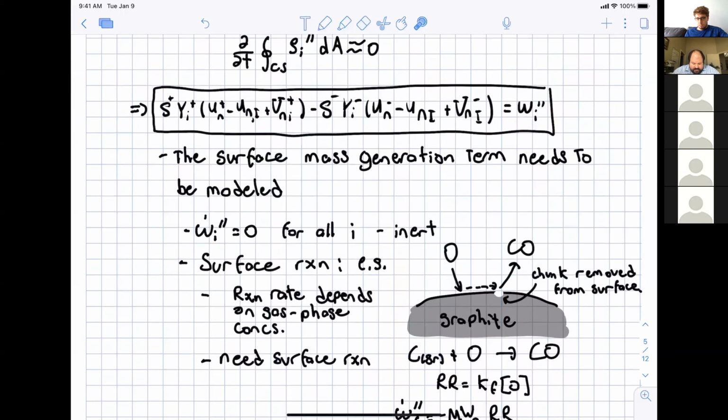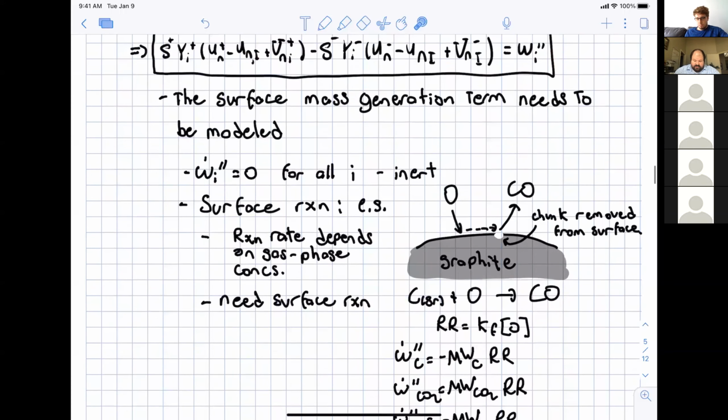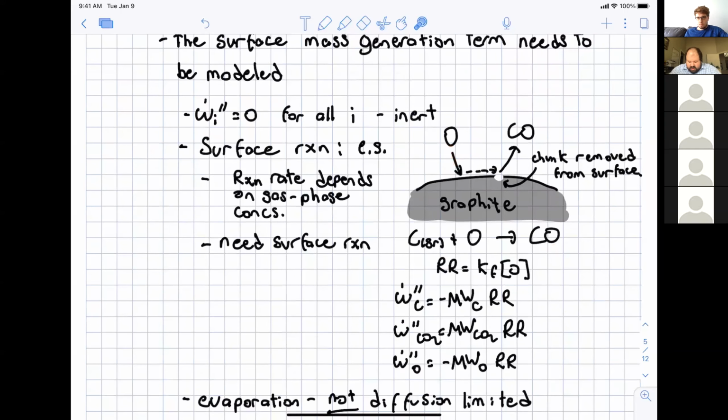We could also have a surface reaction, and here we could have carbon graphite plus oxygen goes to CO, occurring on the surface. I already described this one, and in the context of combustion, it should be clear why it is important. Now, for these surface reactions, more often than not, the reaction rate depends only on the gas phase concentrations.